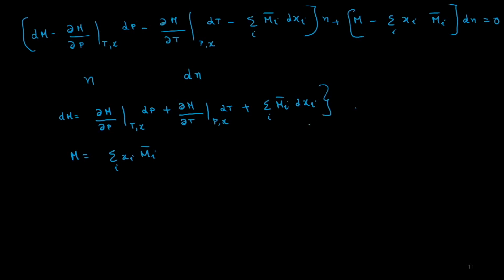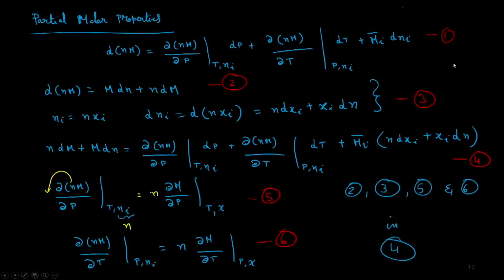Now this first equation is actually a special case of the equation we already know, right? If you take equation 1 and make the total size of the system n equal to 1, what we get is dm on the left-hand side, and on the right, dou m over dou p at constant t and ni. If all ni's are constant, it automatically means the mole fraction of all i's is also constant.